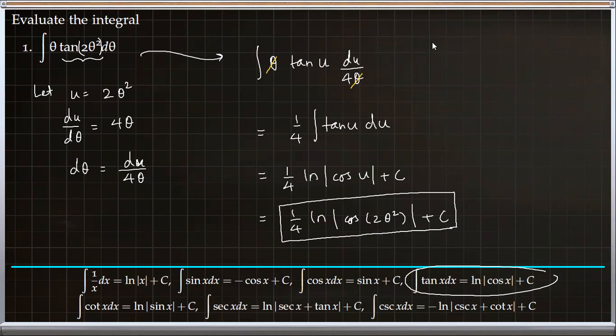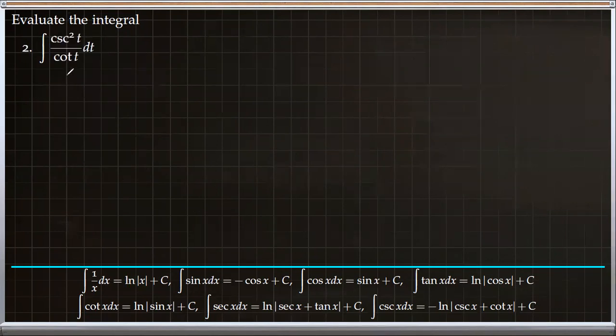Okay, let's look at the next example. Here we are looking at the antiderivative of cosecant square of t over cotangent of t. Since cosecant square of t is related to the derivative of cotangent of t, we will let u be cotangent of t.